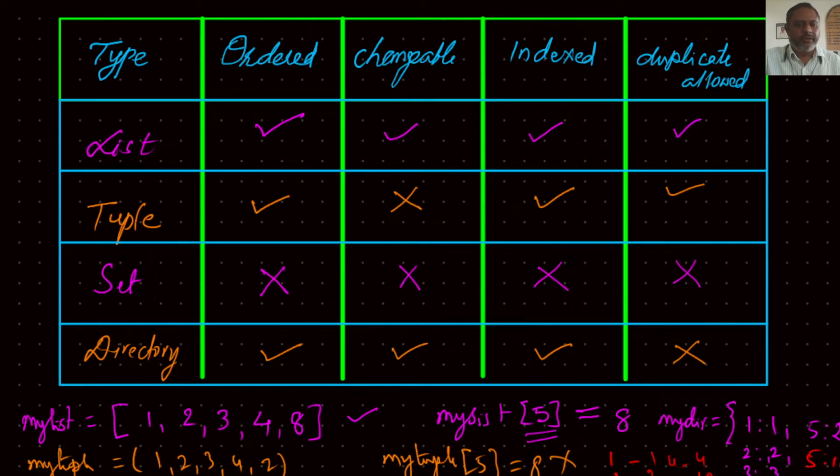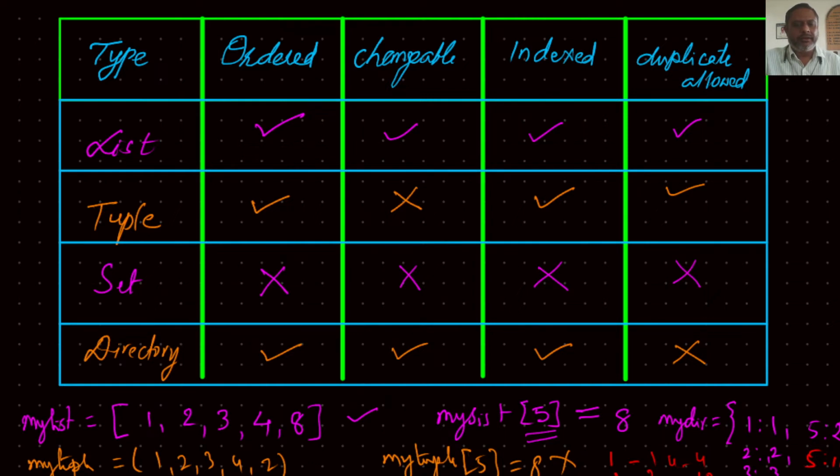So we can say my list. In Python, the index starts from 0: 0, 1, 2, 3. So if you say my list 3, that means you are talking about this fourth element.